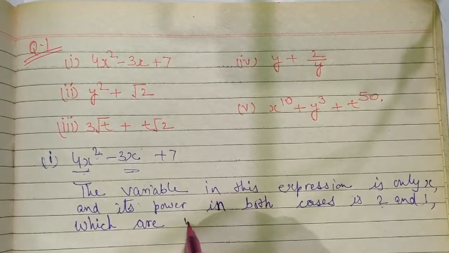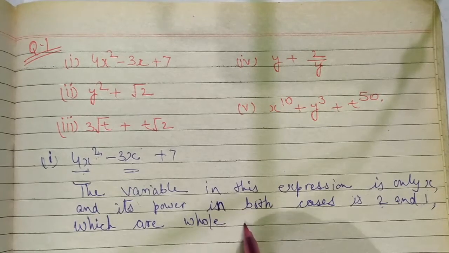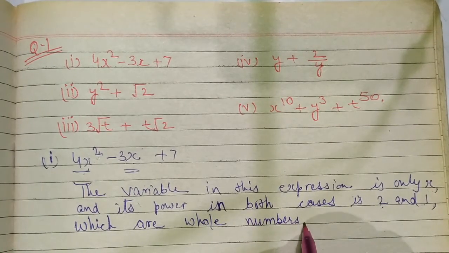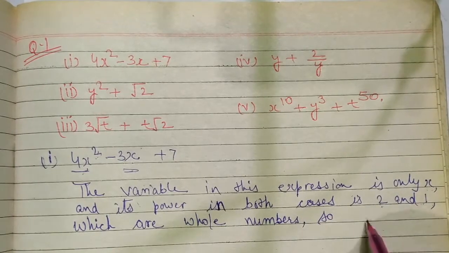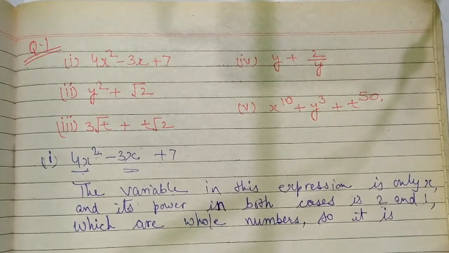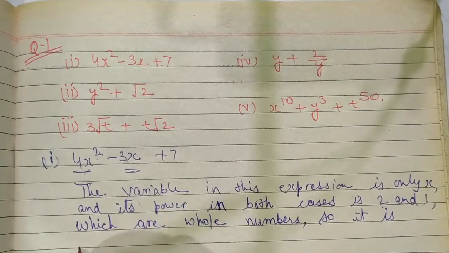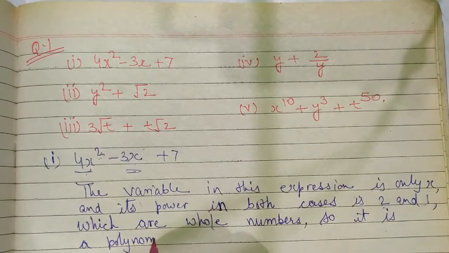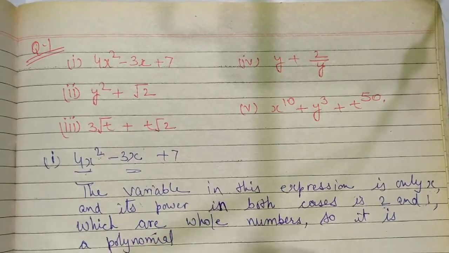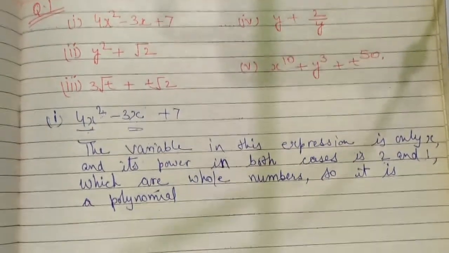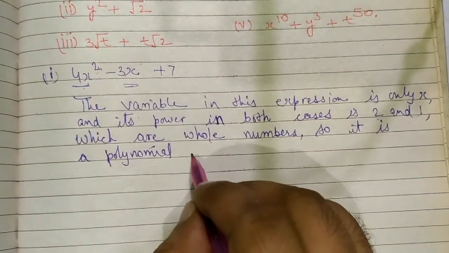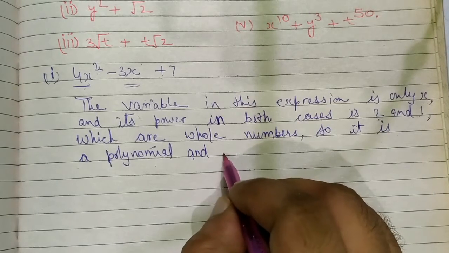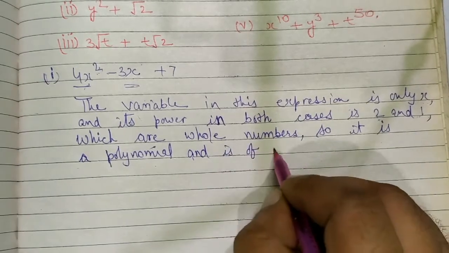which are whole numbers. So it means this expression is a polynomial and is of one variable.